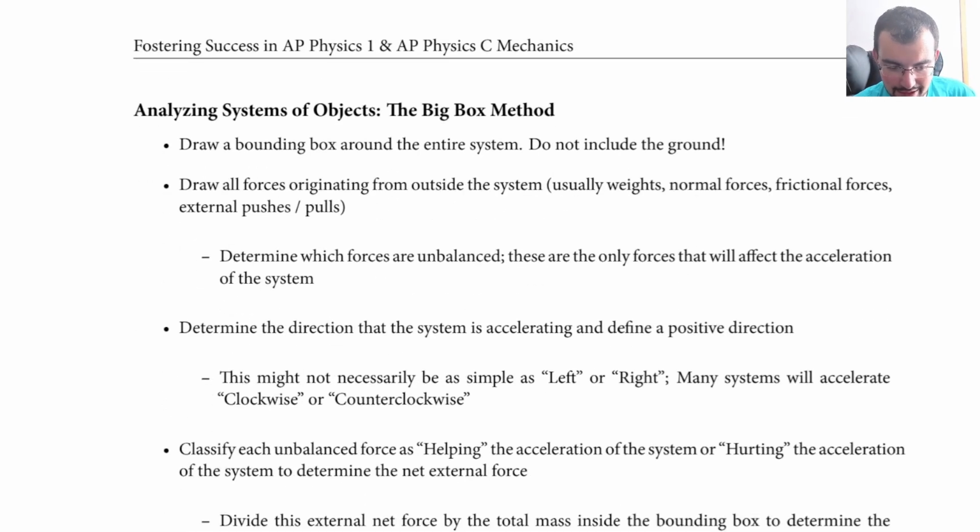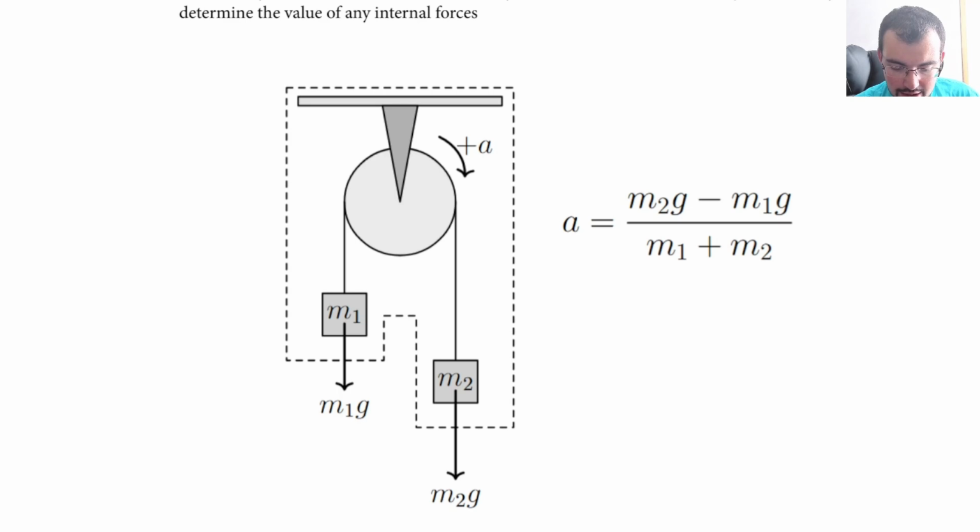So what I mean by that is you draw a big bounding box around the system and know that anything inside the box cannot contribute to the net force on anything inside the box. So, notably, the things that cancel all the time will be contact forces between objects or tension forces. So, nothing inside the box could contribute to the net force.